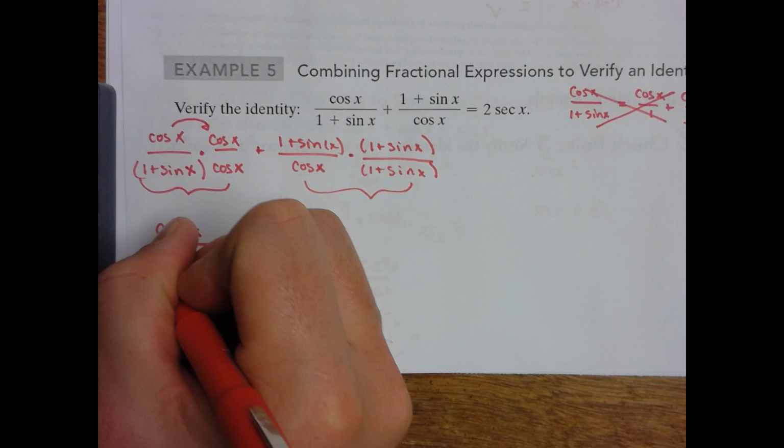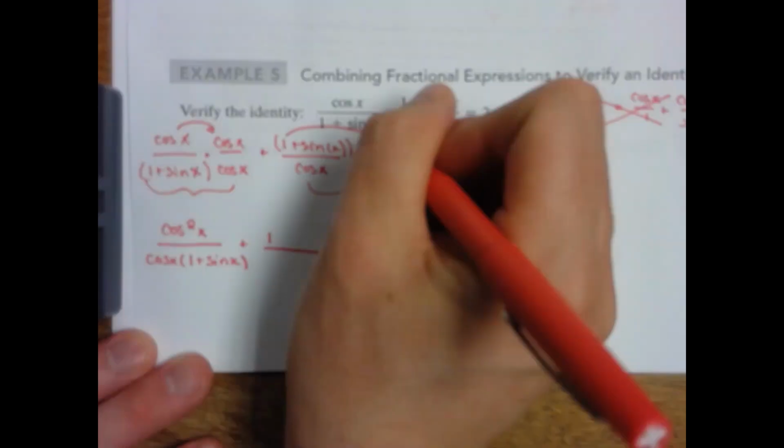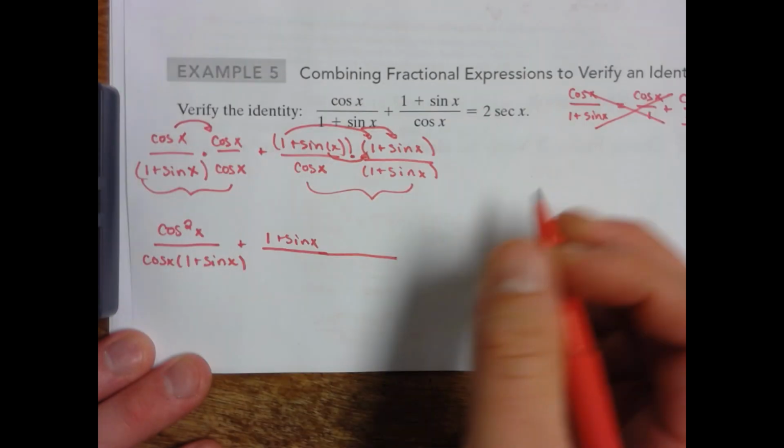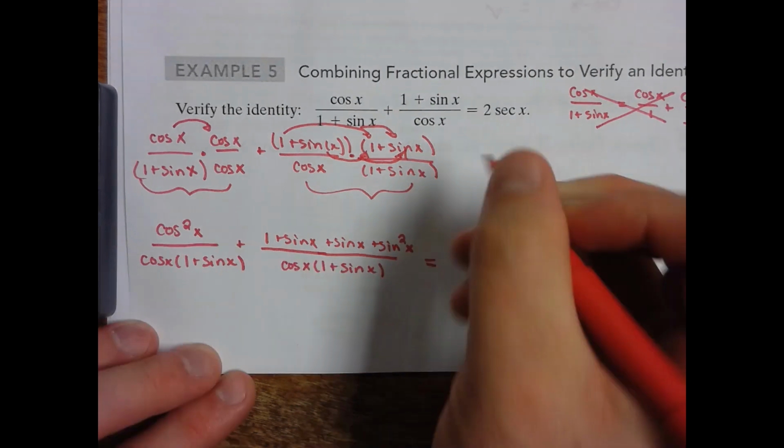For this right fraction, we have 1 plus sine of x times another 1 plus sine of x, and for that, we need to completely FOIL. 1 times 1 is 1, 1 times sine of x gives sine of x, another 1 times sine of x gives another sine of x, and the last term is sine of x times sine of x, which is sine squared of x. The denominator is exactly the same.